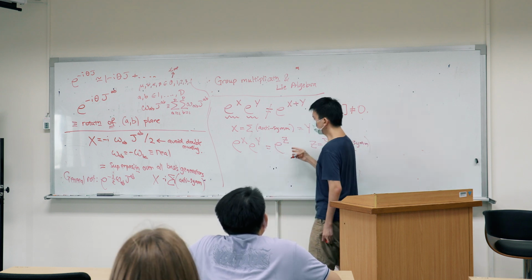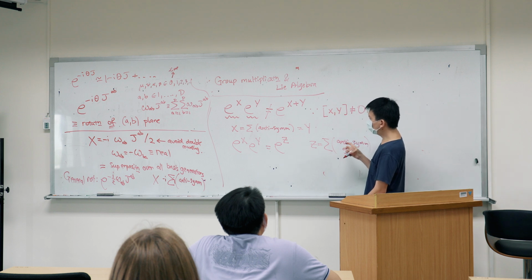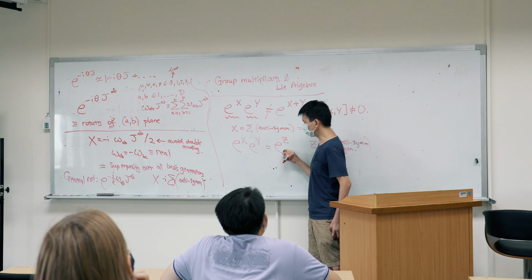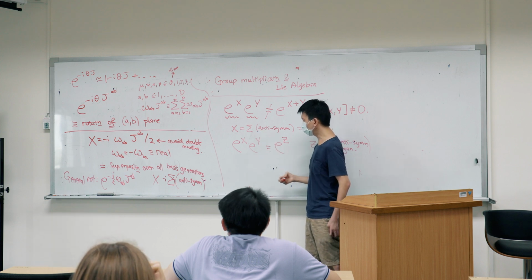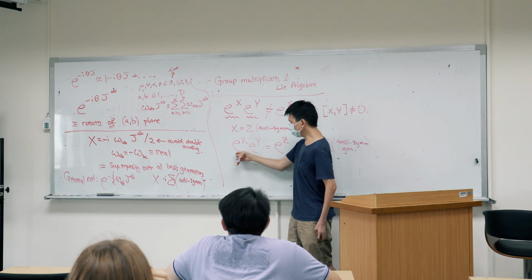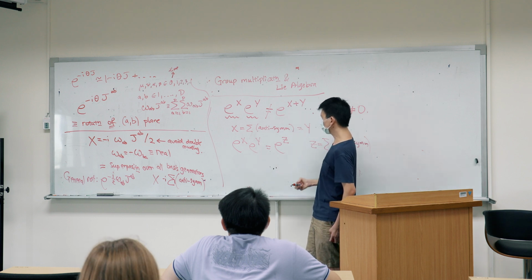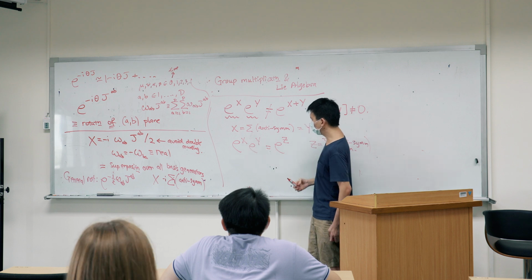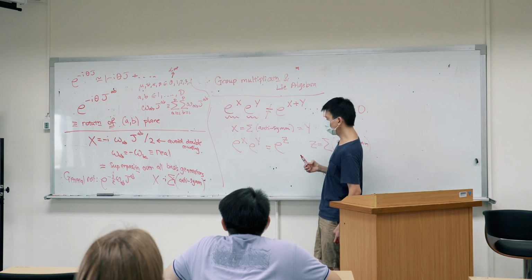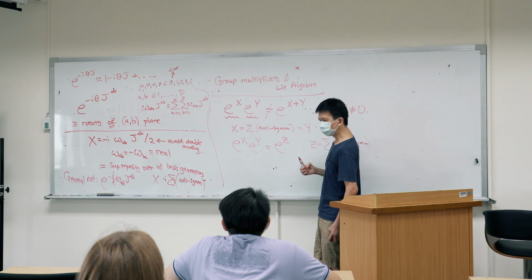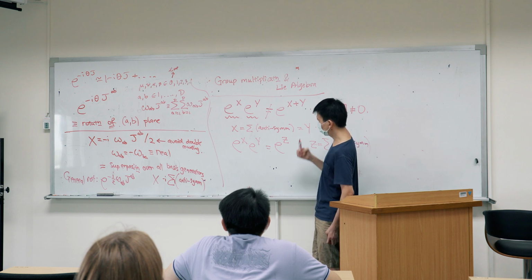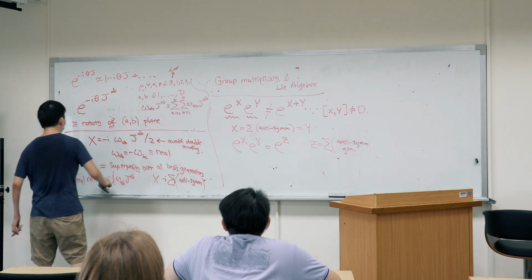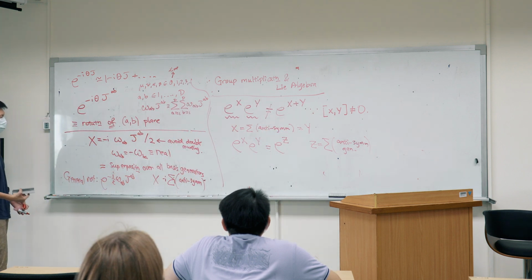Even though I don't know what the explicit form is, if this is a group element as well, it must be a rotation for the case at hand. If x and y were a superposition of antisymmetric generators, z better also be antisymmetric, a sum over the basis. But how do you guarantee that?